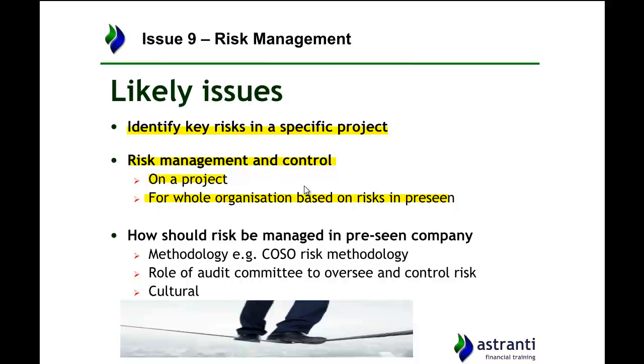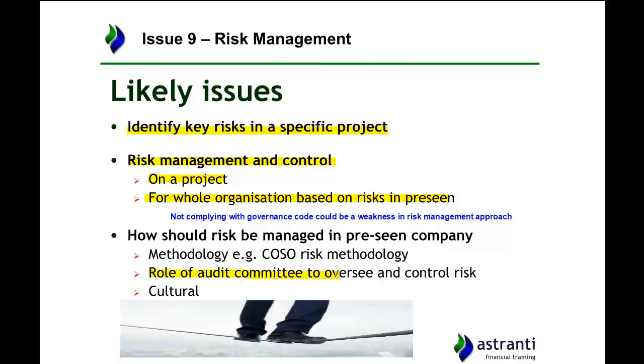An example of this could be the fact that the governance page spoke about how it doesn't actually comply with the Tealand Code of Corporate Governance, which could be considered a weakness in its approach to risk management. Then you could talk about how the company should be managing its risks. An example I've put here is the role of the audit committee.